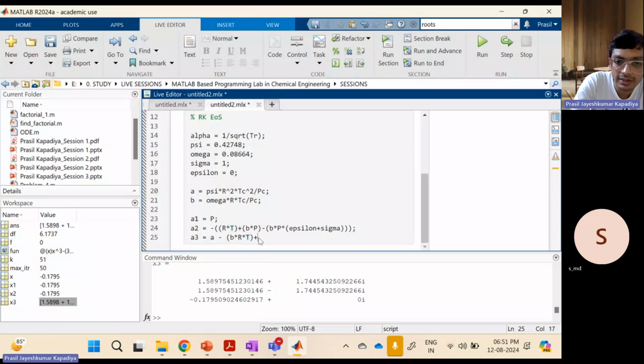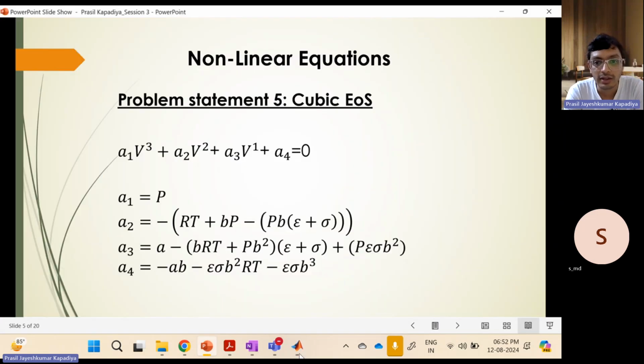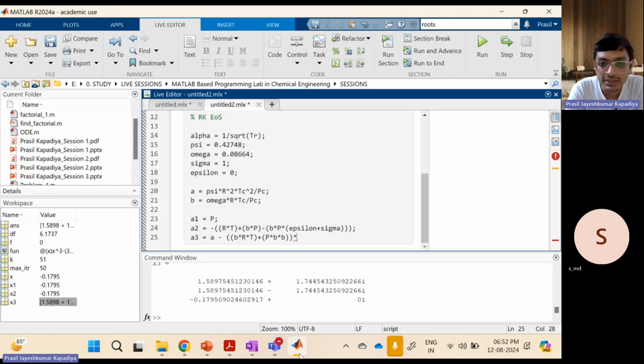I am writing it as plus T into B into B and the whole bracket. This together is multiplied by epsilon plus sigma.